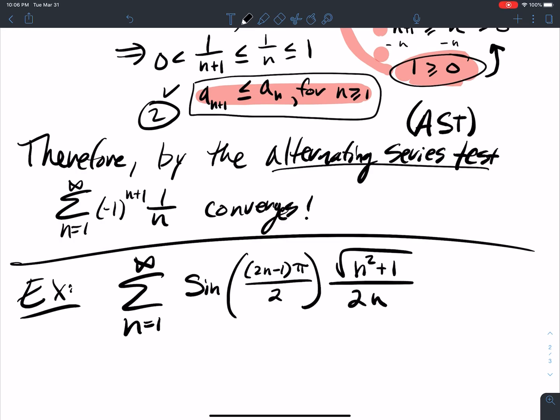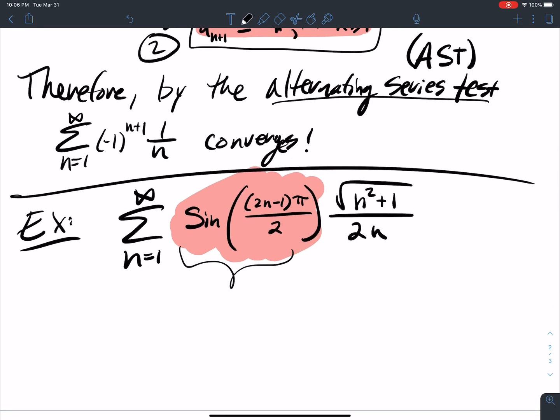Oh my goodness, we've got sines and square roots. Oh my gosh, this is going to be hard. Well, guess what? This right here is a sneaky sign changer.